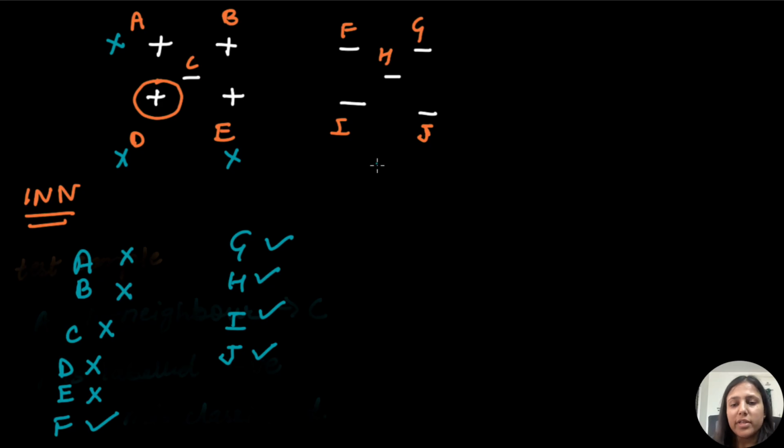So we saw that A is not correctly classified, B, C, D and E are also not correctly classified, while F, G, H, I and J are correctly classified. So out of 10 data points, 5 are not correctly classified. So error is equal to 5 by 10.